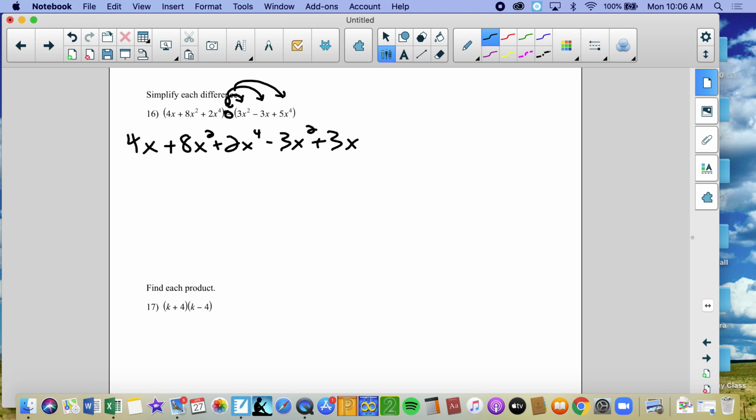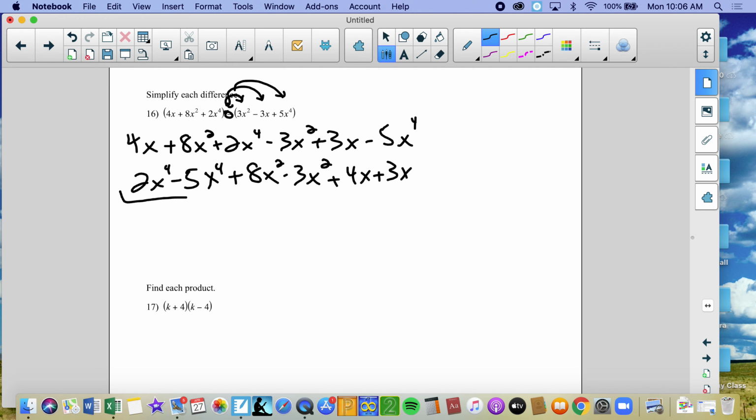Let's put them in descending order again. 2x to the fourth minus 5x to the fourth plus 8x squared minus 3x squared plus 4x plus 3x. These are like terms. You're going to get negative 3x to the fourth. These are like terms. You're going to get plus 5x squared. These are like terms, plus 7x. You can't combine those because they're unlike terms. Like terms have the same variable to the same exponent.